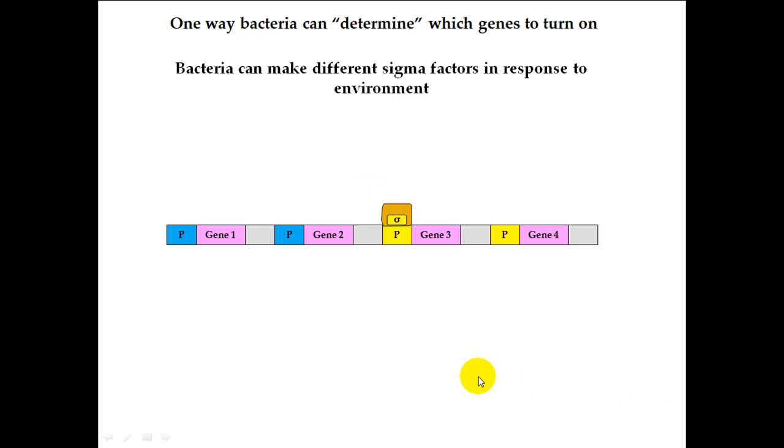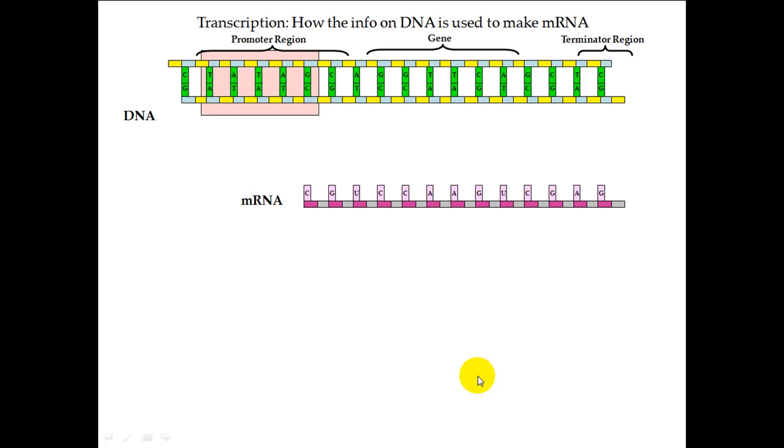So if we take a step back now and look at the big picture again, we're looking at transcription, which is the process of reading a DNA molecule and making messenger RNA out of it. We mentioned that in order to begin transcription, RNA polymerase has to bind to the promoter region, and we've just seen that promoter sequences can differ among different genes, and also that RNA polymerase needs a sigma factor in order to bind to that promoter region.